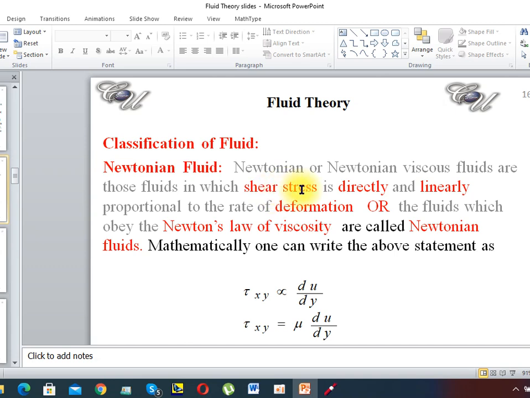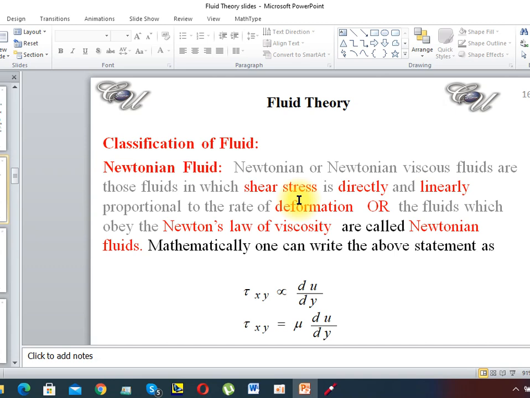So shear stresses develop due to the viscosity, and viscosity acts as a resistive force. So it is the same as pressure. It is generated by forces acting per unit area, but these forces act perpendicular to the area and tangentially to the area.